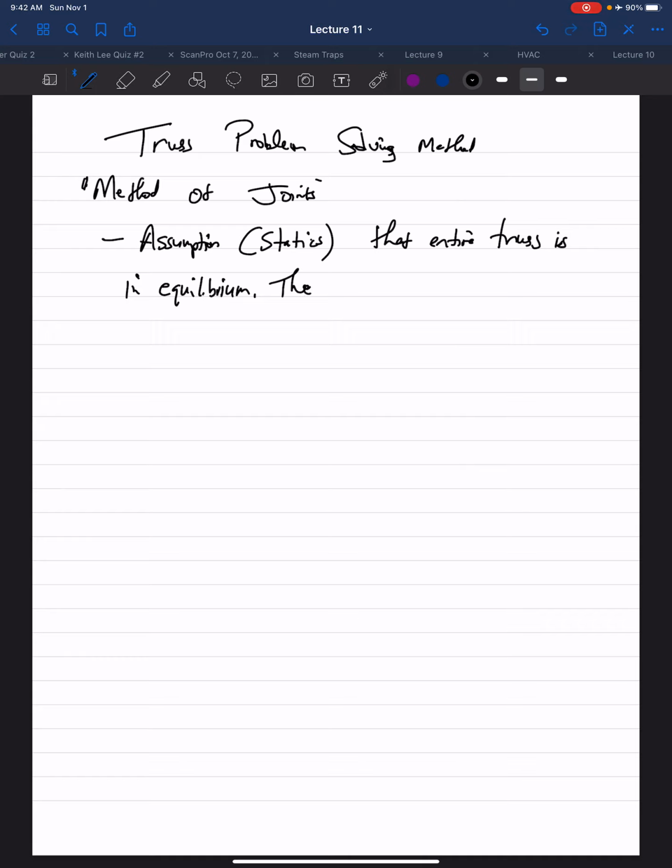Therefore, each of its joints must be in equilibrium as well.